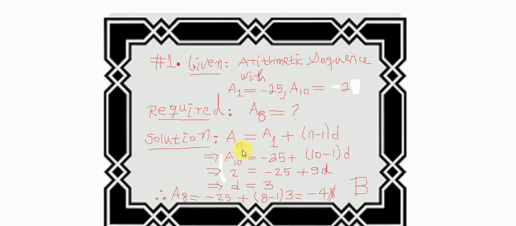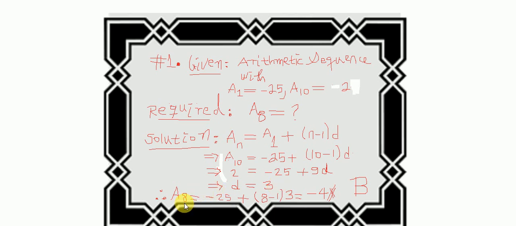So if in place of n we put 10, since a1 is negative 25, we can put in place of a1 negative 25. And when n is replaced by 10, here we have to put 10 minus 1, which gives us 9d plus negative 25 equals 2. From that we get d. d is 3.